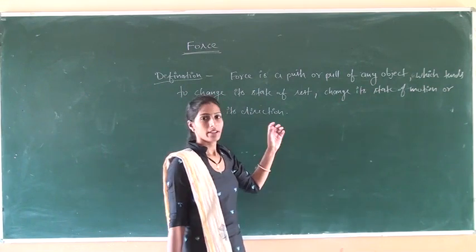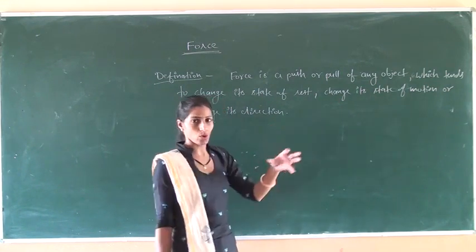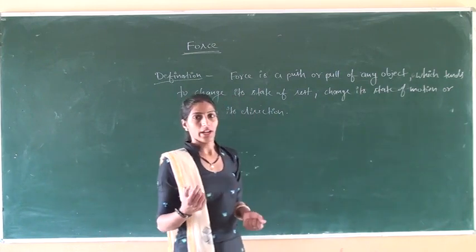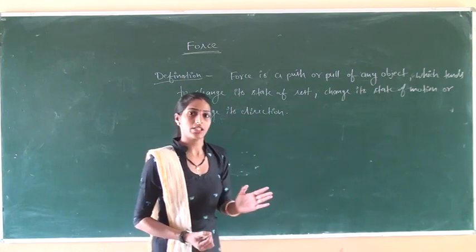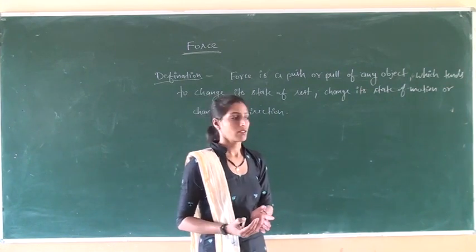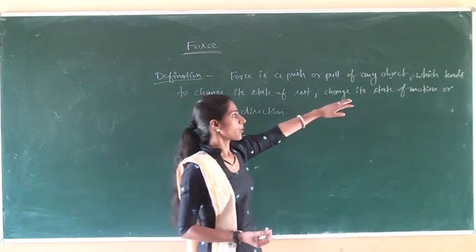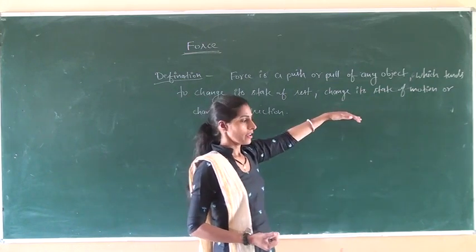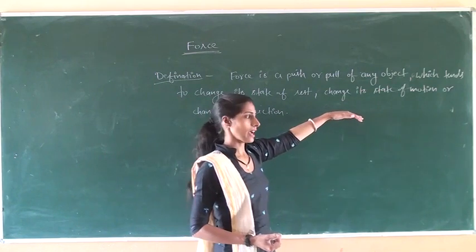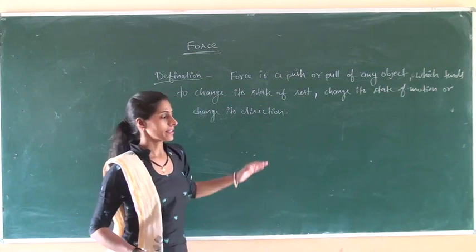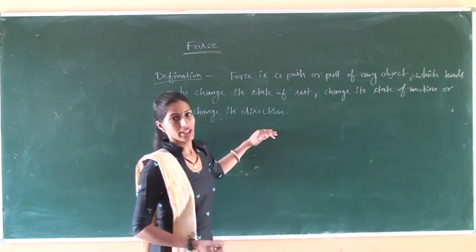When we push or pull any object, for example, a book is lying on the table, either we push it or we pull it, then the book will change its position. Either when it is at rest, then it starts moving, or if it is moving, then it will change its direction.